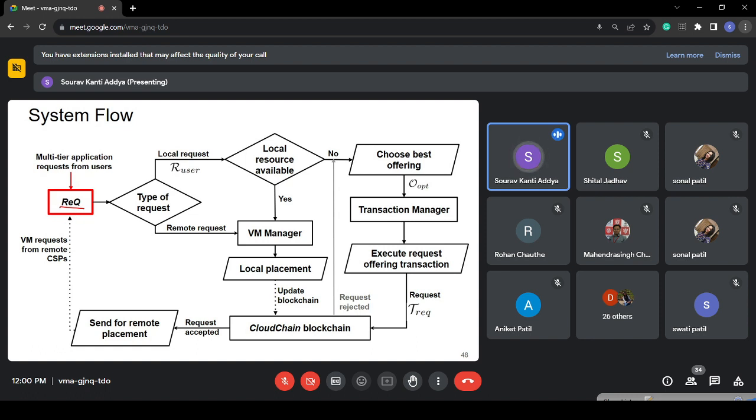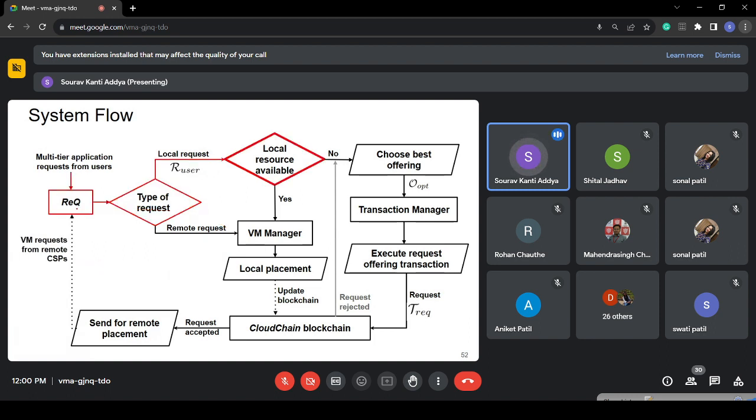This request can be of two types, so we have to check what type it is: a local request or a remote request. For a supplying service provider, it can be a remote request. For a demanding service provider, it can be a local request. The local request is one coming to that particular service provider, so we will check local request or remote request.